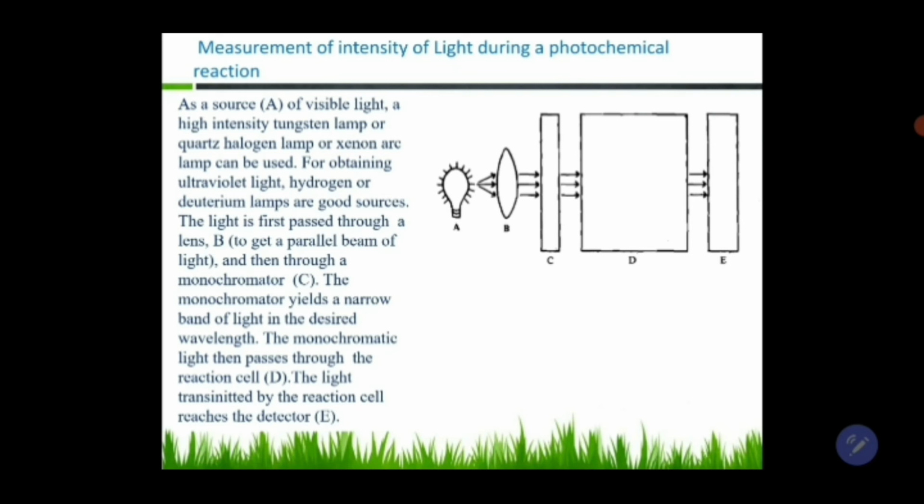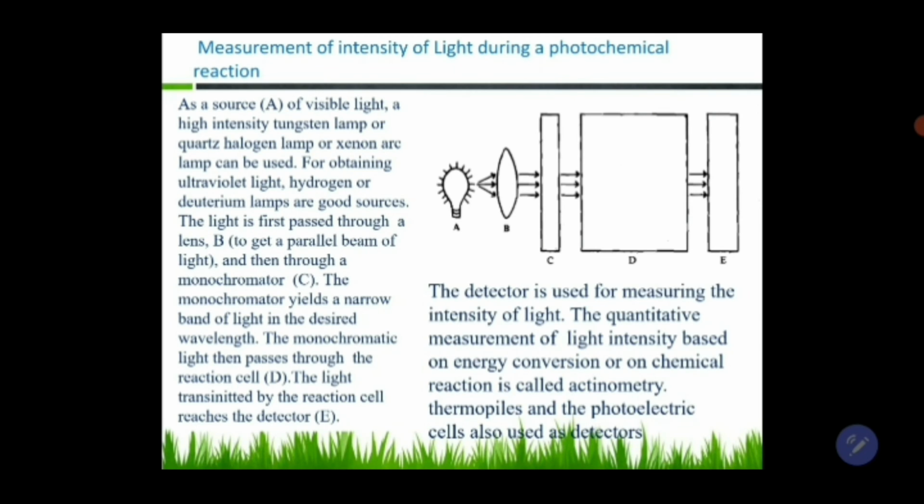The light transmitted by the reaction cell reaches the detector. The detector is used for measuring the intensity of the light. The quantitative measurement of light intensity based on energy conversion or on a chemical reaction is called actinometry. The thermopiles and photoelectric cells are also used as detectors.